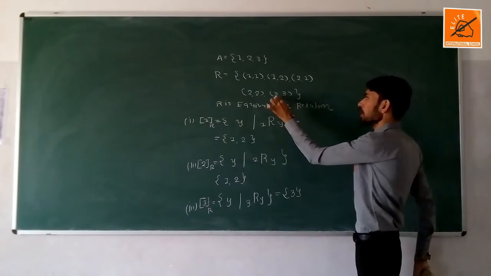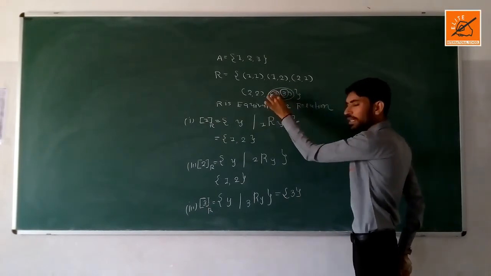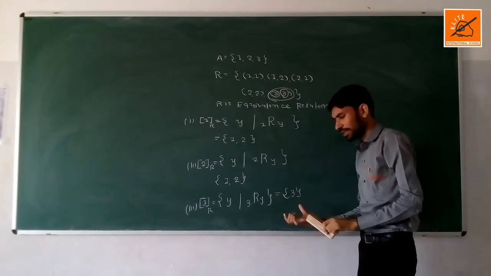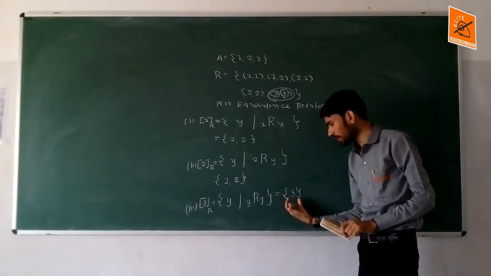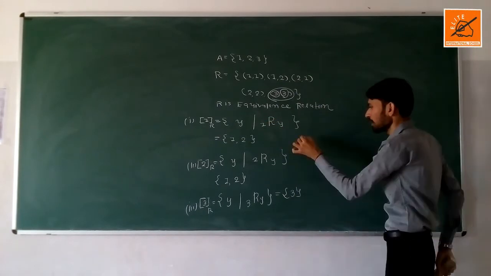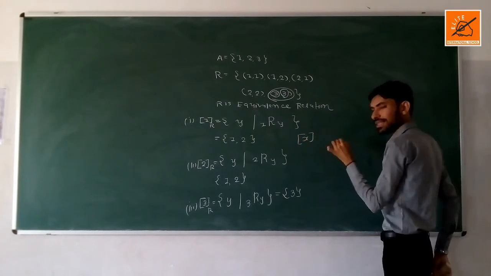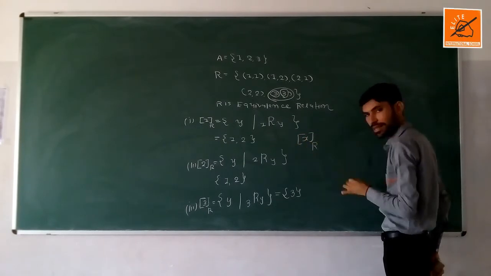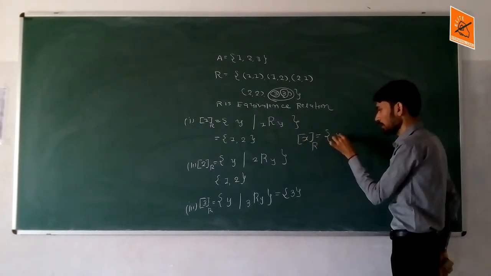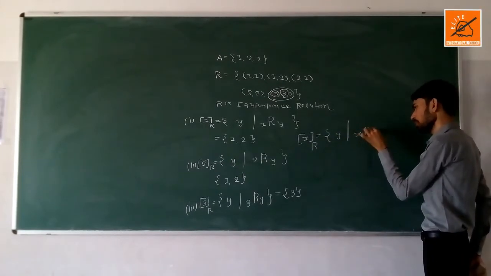Here just 3 is related with the element 3. So it contains just one element, 3. So this was the equivalence class. So in general we write the definition of equivalence class with the relation R defined as, where x is related to y.